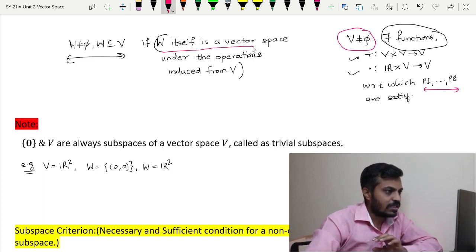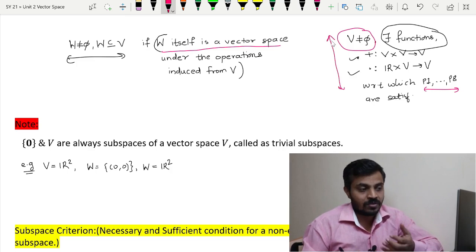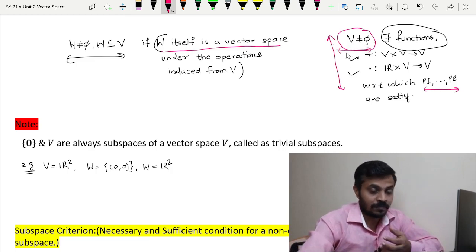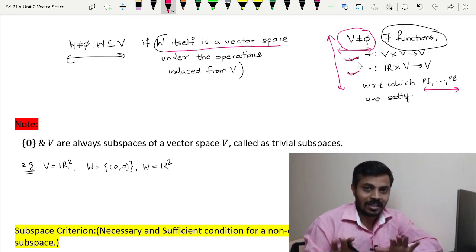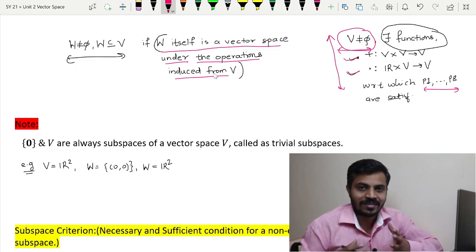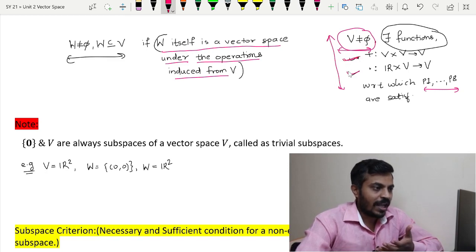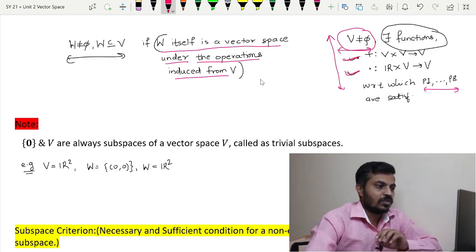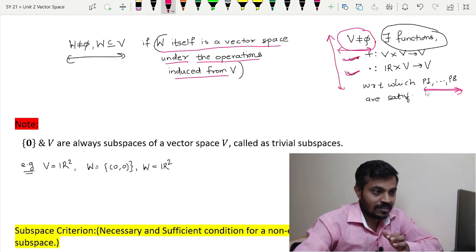So in order to show W itself is a vector space, we need to do all these things for the set W. It means we need to show W is non-empty, then we need to find addition and scalar multiplication, but there is no issue there, because it is already said that we have to show W is a vector space under the operations induced from V, meaning under the operations as in V. Whatever the operations in V are, with respect to that addition and scalar multiplication we need to show W is closed, and after showing this we have to prove these 8 properties.